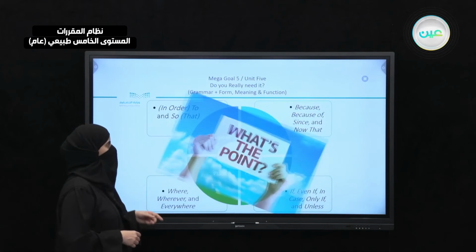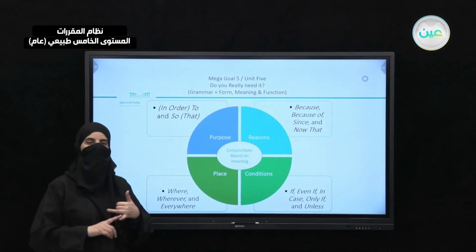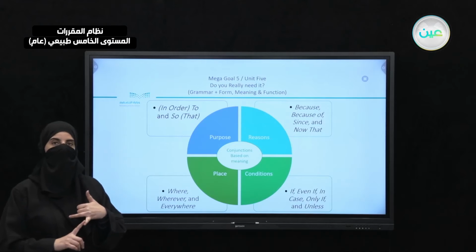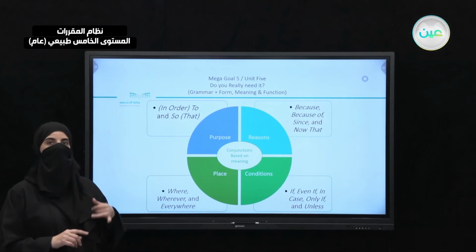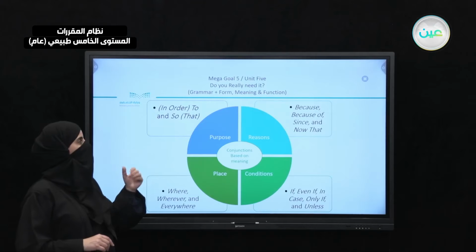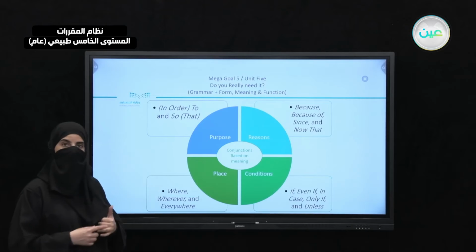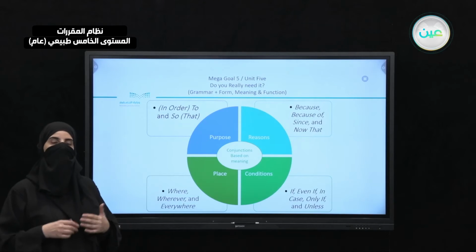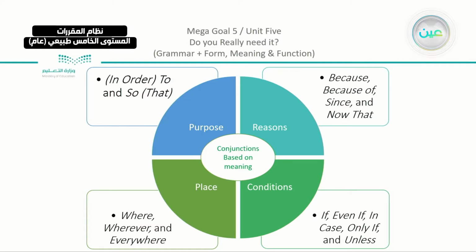Now we said it can give or indicate reasons in the sentence. And we have to use conjunctions, which are because of, since, and now that, one of them, of course. Or it can give condition in the meaning. You can use if, even if, in case, only if, and unless.